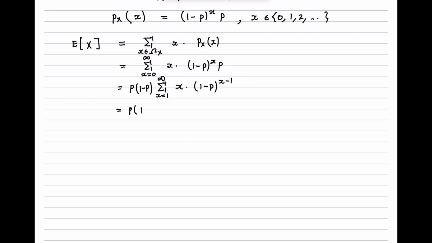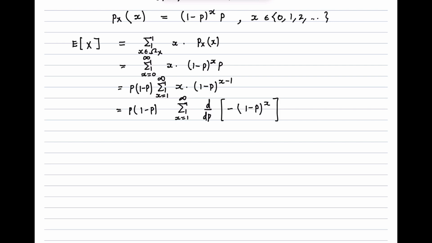What we're going to do is keep the 1 minus p at the front, and x equals 1 to infinity. And we're going to notice that this expression looks very similar to the derivative of an expression, right? Here's the minus 1 off the power, and here's the power brought down the front. And in fact, it is equivalent to the derivative of minus (1 minus p) to the x with respect to p.